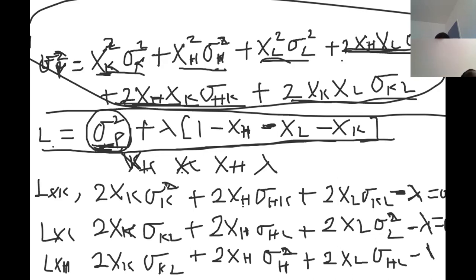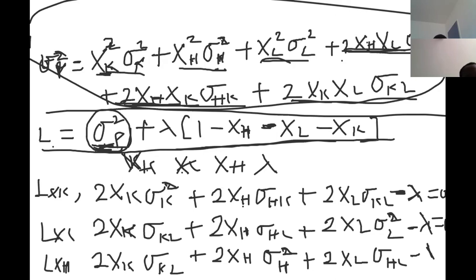Let me write it here. So now I have 2SK variance of K, plus 2XH covariance between H and K, plus 2XL covariance between K and L, minus lambda equals 0.